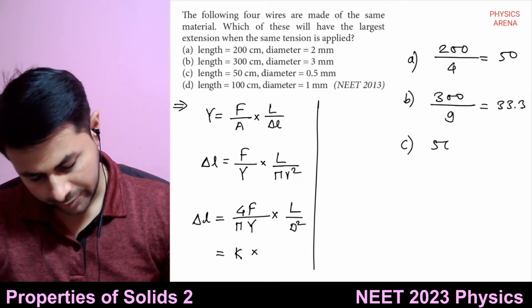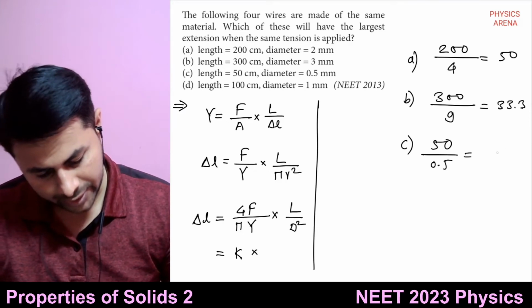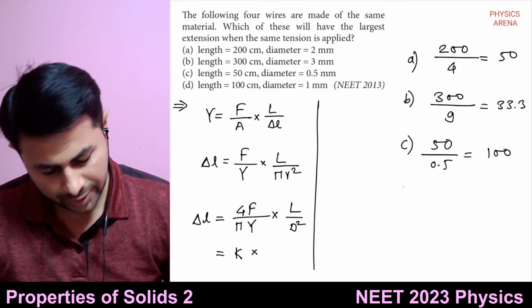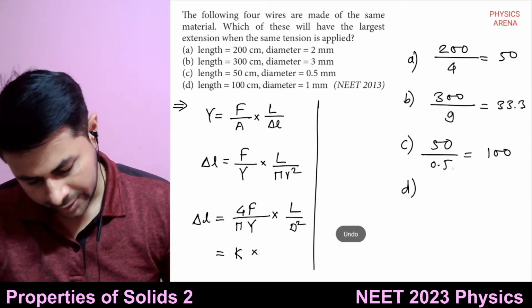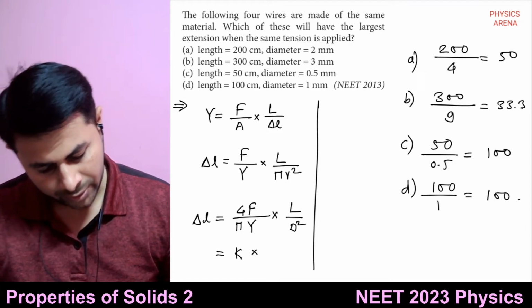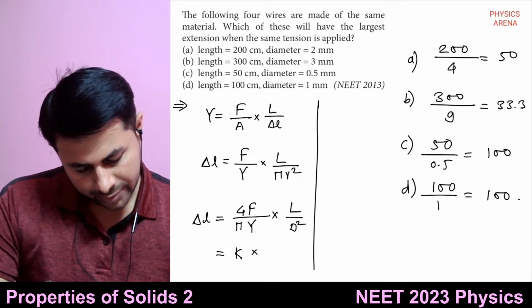C is 50 divided by 0.5, right? So it is 500 upon 5, it's 100. And option D is 100 divided by 1. Oh, so we are having a tie here, right?